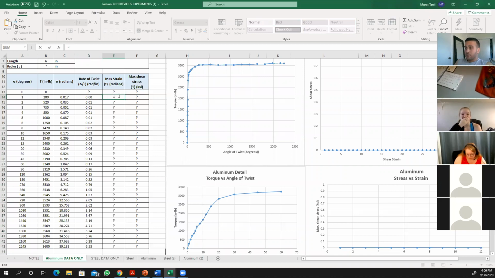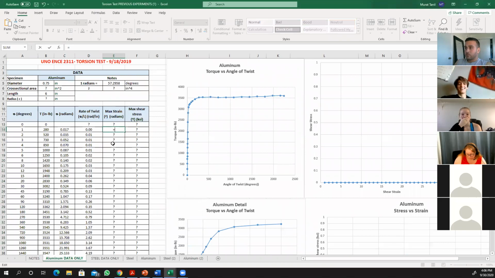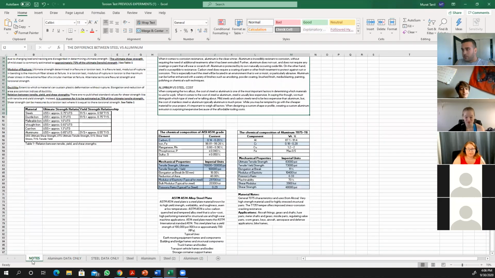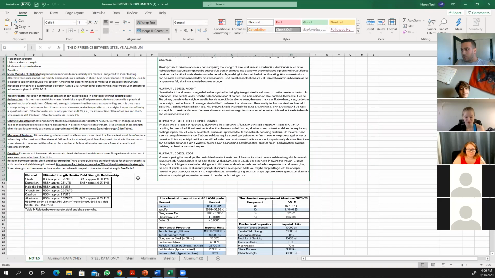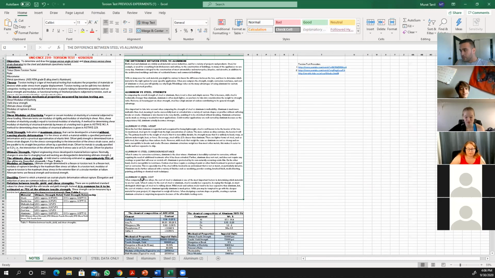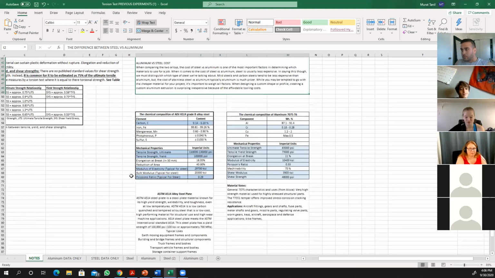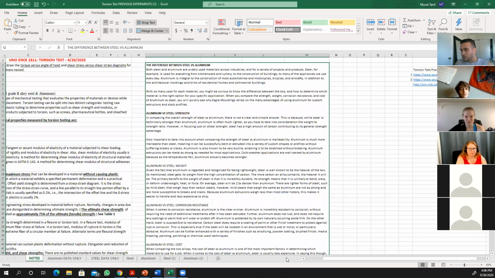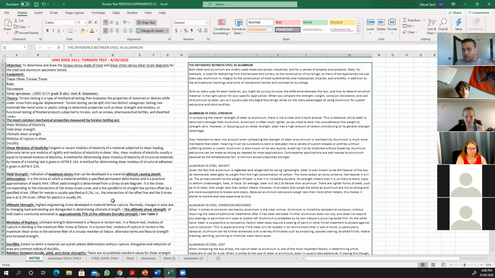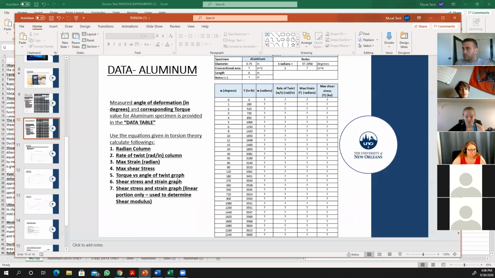Okay, maximum strain. This was the radius. I have to calculate the radius here first. The equation is not given here, but if you want to look at the equation, it should be here somewhere. If not, it is here.